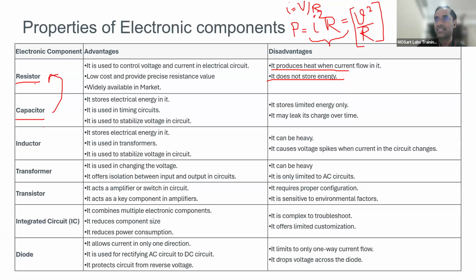Otherwise, a capacitor is lossless. By default, a capacitor is a lossless element. And the amount of charge or energy stored is dependent on the capacitor value. Larger the capacitor, larger is the charge you can store. And the equation is charge stored is equal to the value of capacitance into voltage.